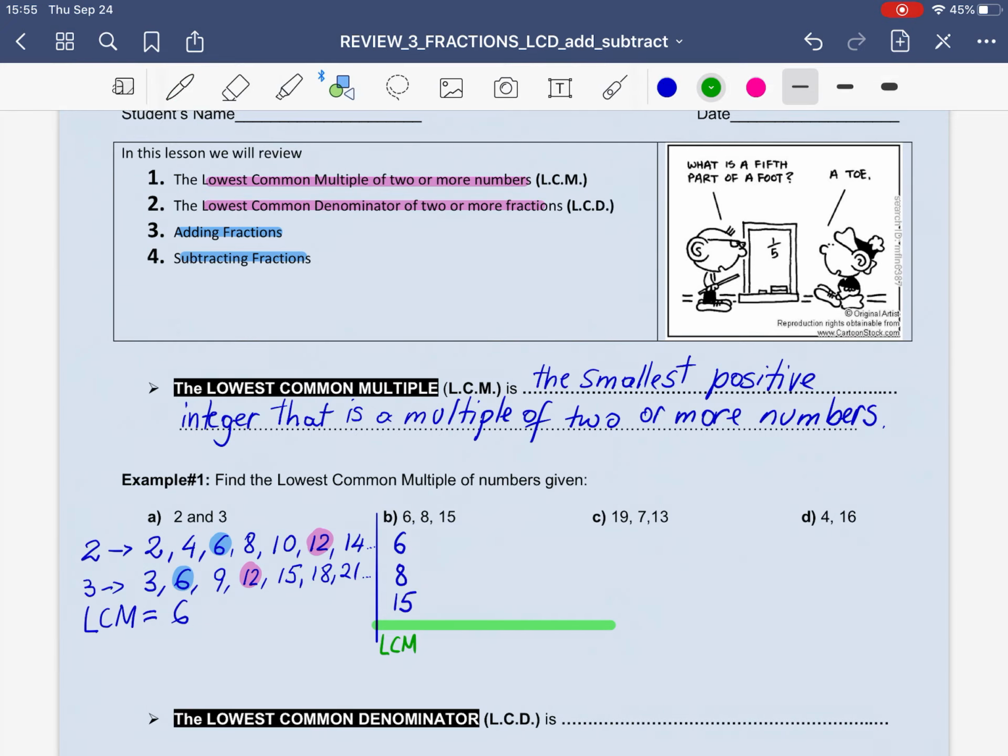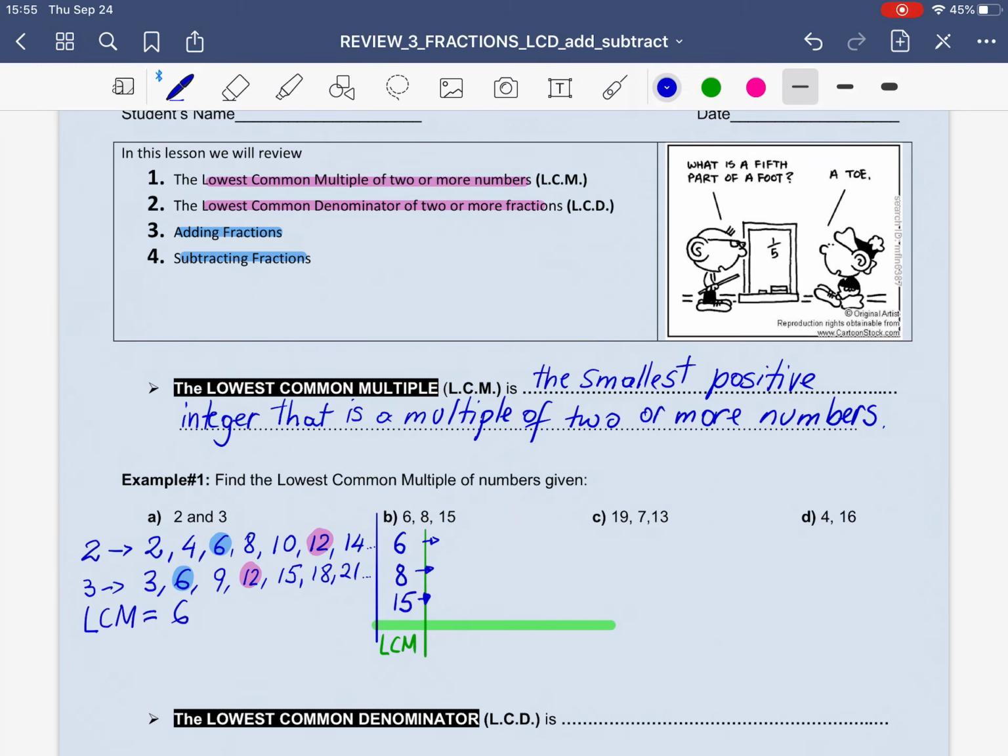And this is how I find the lowest common multiple. On the side, I am going to write the prime factors of each number. Now, if you don't know what prime factors are, then just like the word says it, they're factors of each number, so factors of 6, that are in the meantime prime numbers.